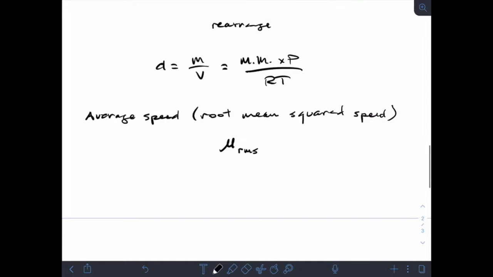To solve for mu RMS, it equals the square root of 3RT over the molar mass.